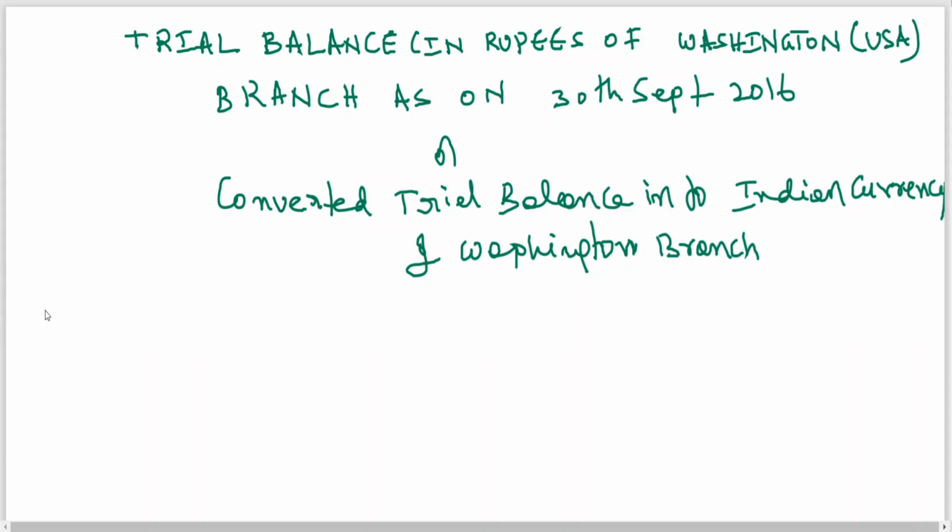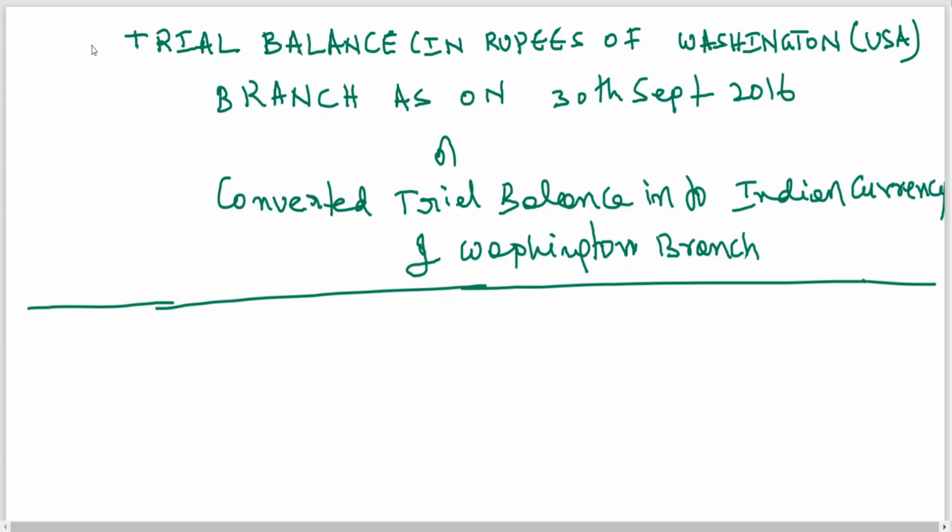The date you can write. Either you can write this one, or preferably you follow this: trial balance in rupees of Washington USA branch, in rupees, as on 30th September 2016.